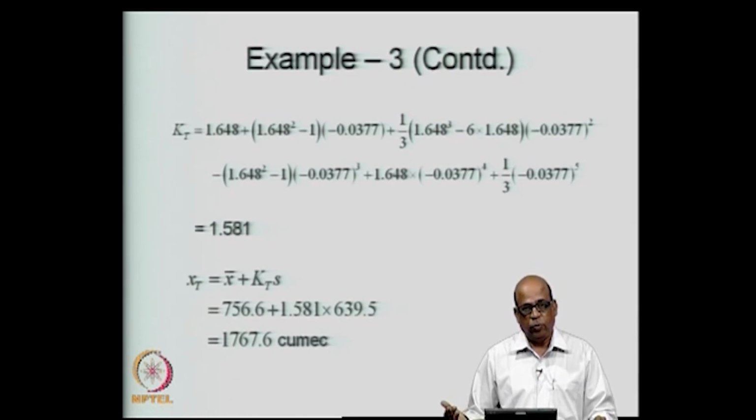So, for the normal distribution, you got a xT value of about 1800 cubic meters per second, and for extreme value type 1 distribution, you got somewhere around 1900 cubic meters per second, and for the log Pearson type 3 distribution, you got somewhere around 1767 or 1768 cubic meters per second.